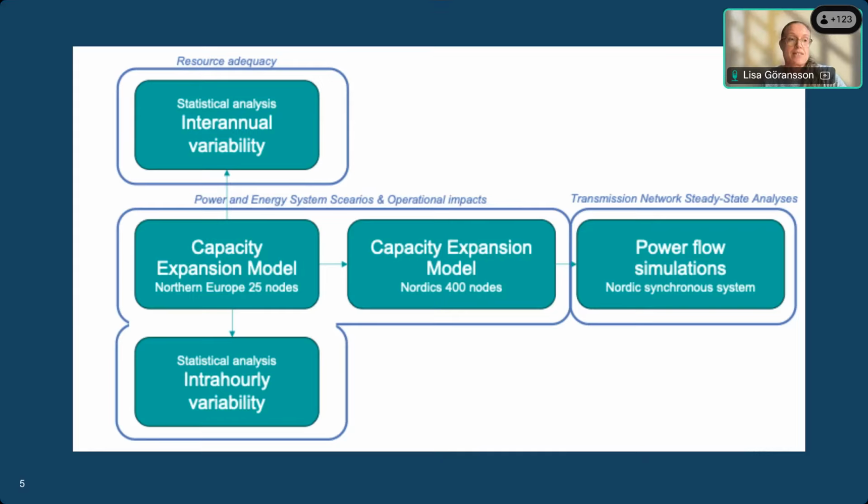In addition to these three models at the heart of the modeling methodology, we also do two different post-analyses to complement them. One where we look into the need for investments to manage interannual variability, and one where we look at the need for additional investments to manage intra-hourly variability.